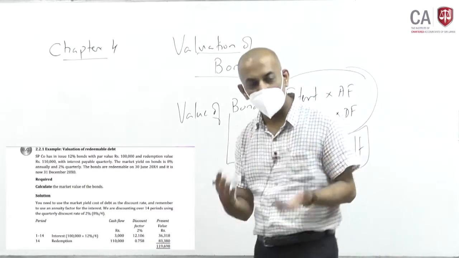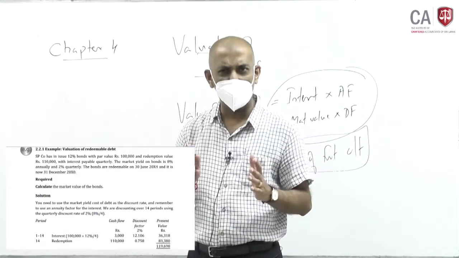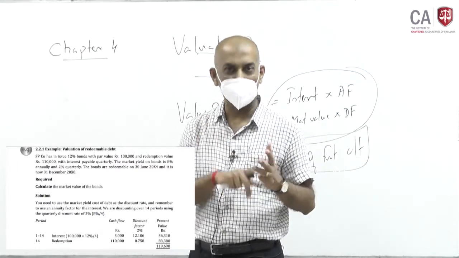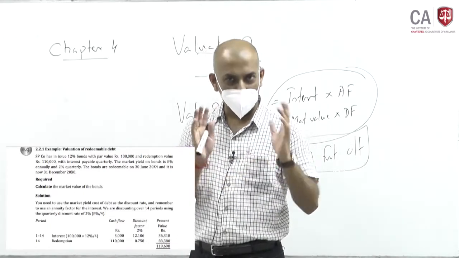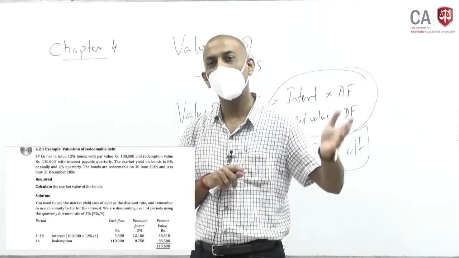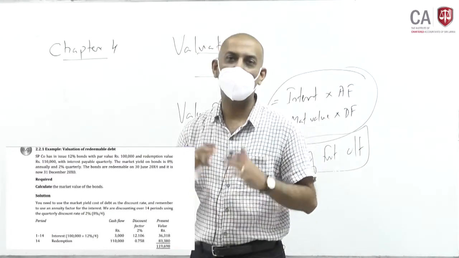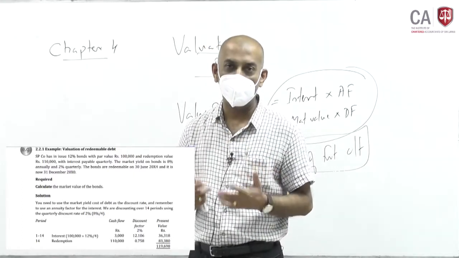After you invest in the bond or debenture, what are your future cash flows going to be? It's generally your interest cash flow, that's the coupon you are going to get quarterly, half yearly or annually, and the redemption value, the maturity value. Both cash flows you discount at the required rate of return or the bond yield in the market.